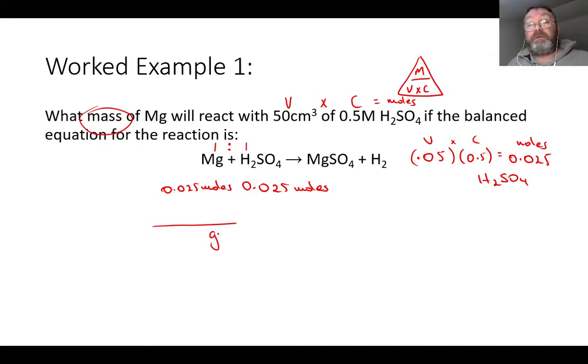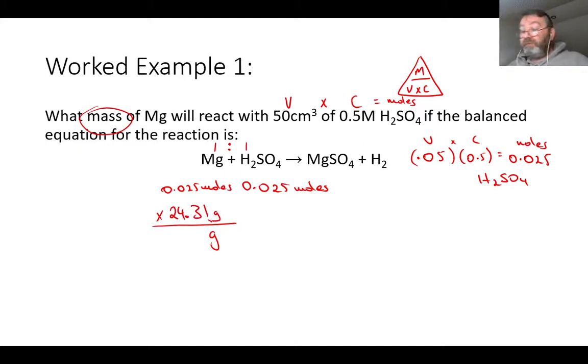And the quickest way to do that, working away from the mole, is by multiplication. And the key link number between moles and mass is the mass of the substance as given on the periodic table. So you go to the periodic table, you find magnesium, and on your periodic table, magnesium comes out as 24.31. So therefore, 24.31 grams will be 1 mole.